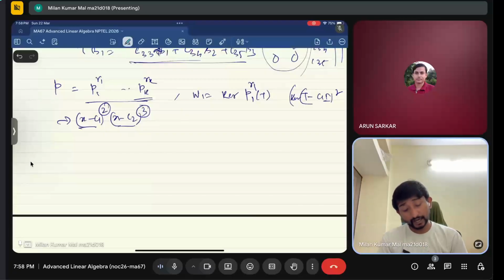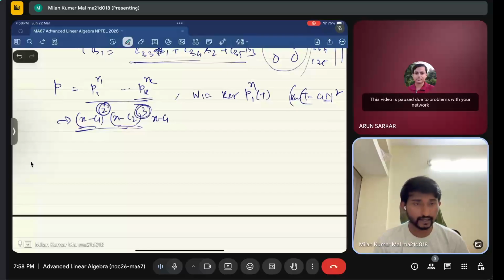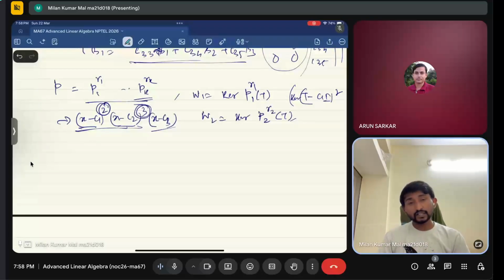So here W2 is the kernel of P2 to the power R2 of T, here the kernel of (T minus c2 I) cubed, and W3 in this case will be the kernel of T minus c3 identity. That is exactly the eigenspace, corresponding.